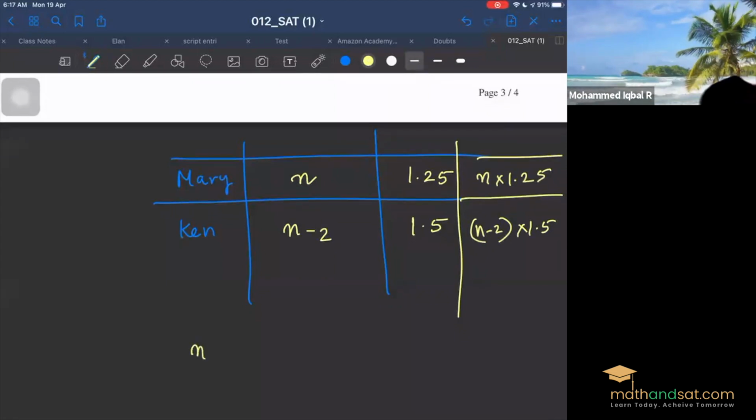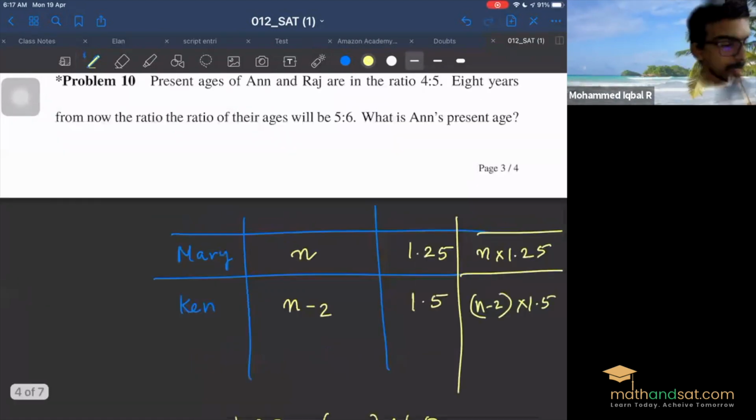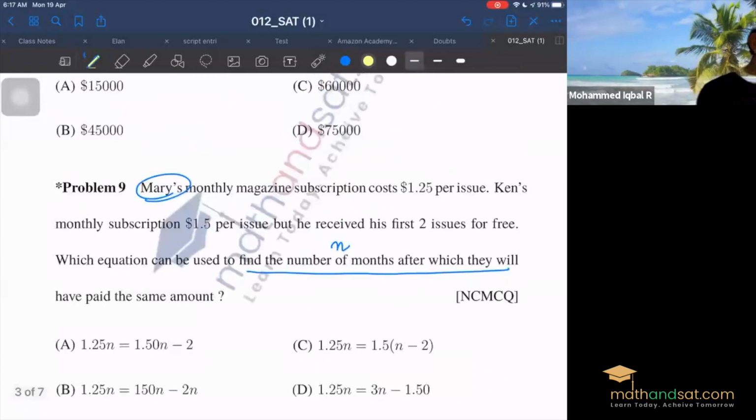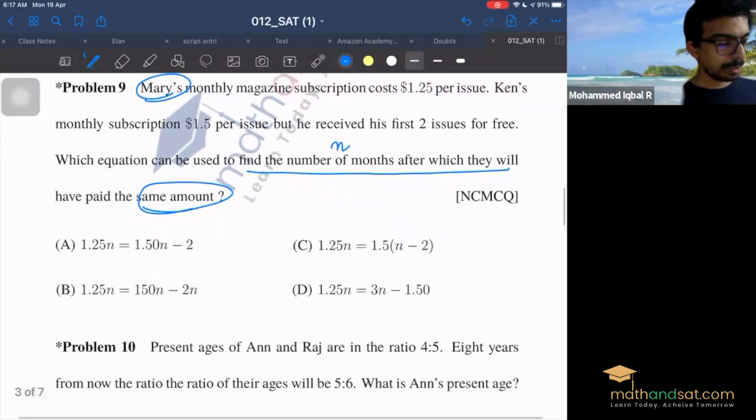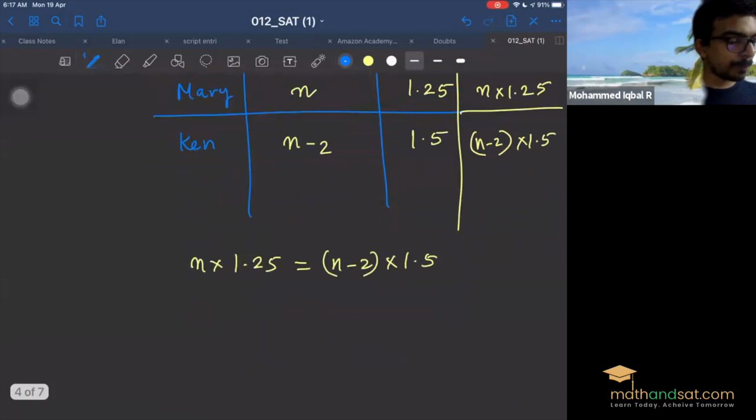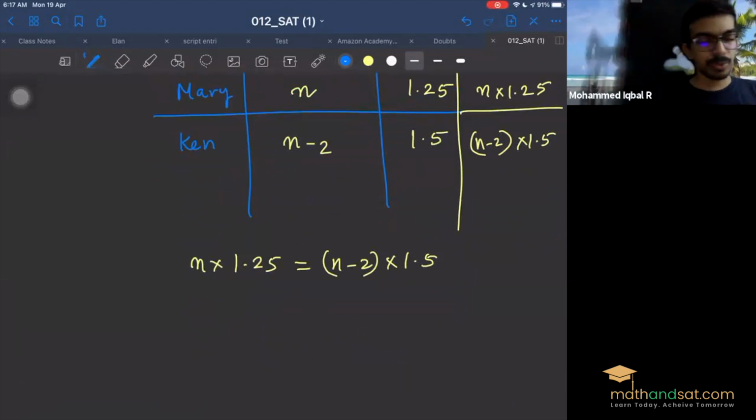Why are we equating this? Because the question talks about the same amount. So we have n times 1.25 is equal to n minus 2 times 1.5.